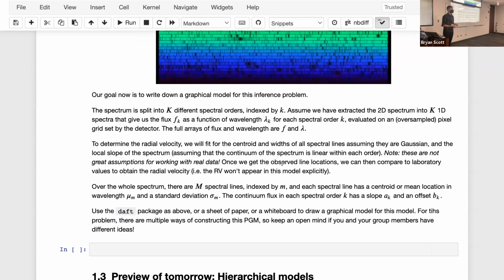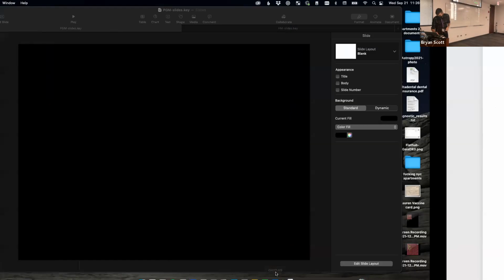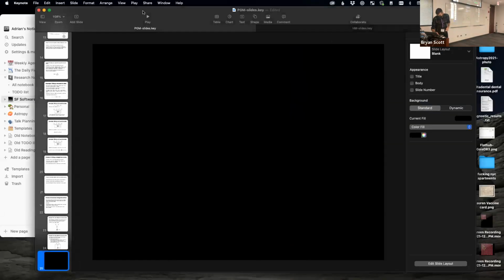Does anyone want to volunteer to try writing one up here and talking us through the structure that you came up with? Do it. All right. We erased and changed it like 5 times.